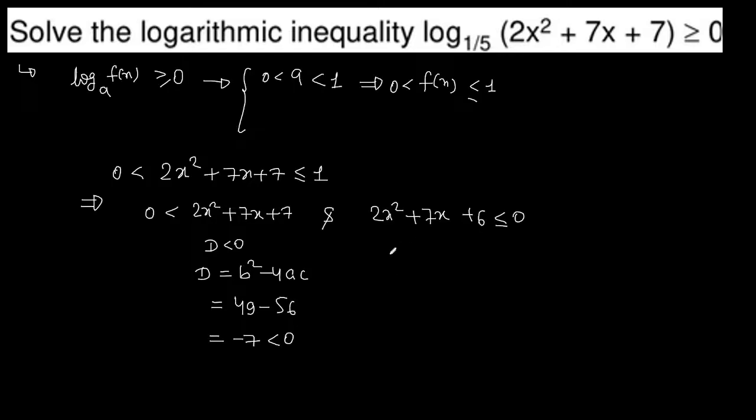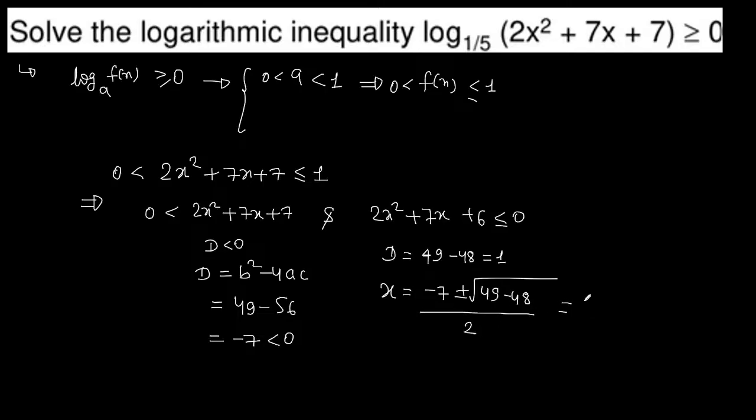And here we are getting D equal to 49 minus 48, which is equal to 1. So we can simply say that x is equal to minus 7 plus minus root under b square minus 4ac upon 2a. This is minus 7 plus minus 1 by 4, which gives minus 2 and minus 3.